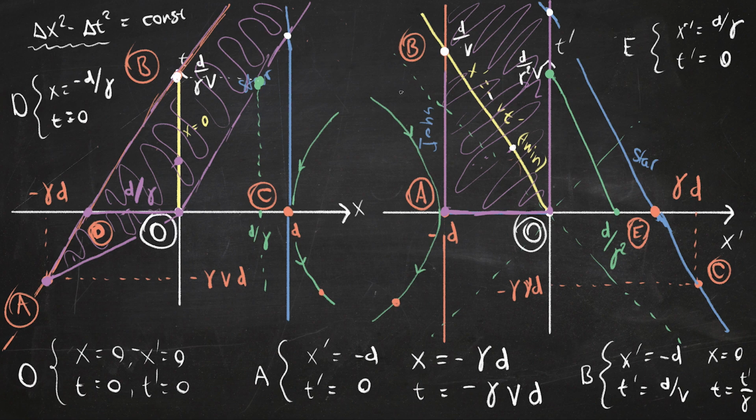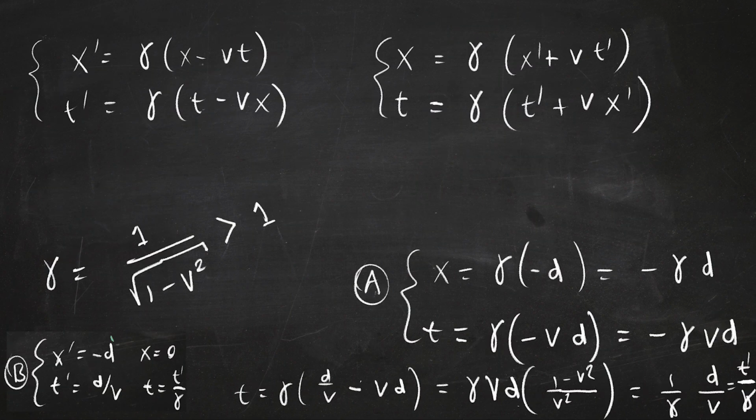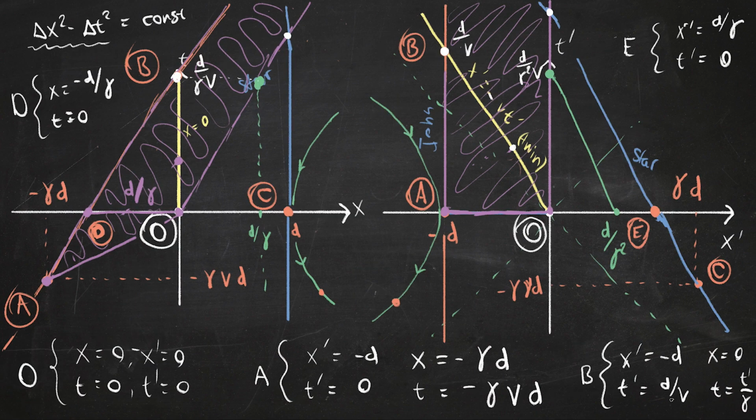And again, I think I've already done the coordinate transformation for that, but I did it down here when I calculated it on the other page for B. That was the calculation for the event B. So the T prime is D on V, and the speed of the Earth is just V, or negative V in the prime frame.